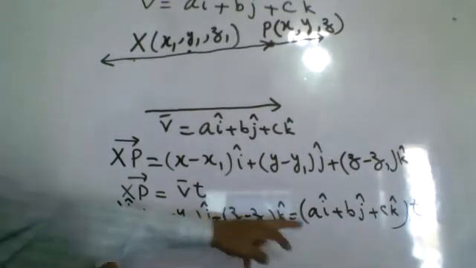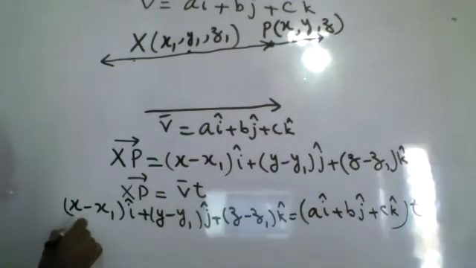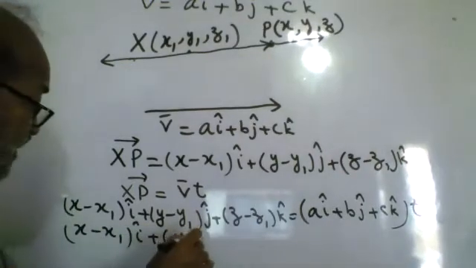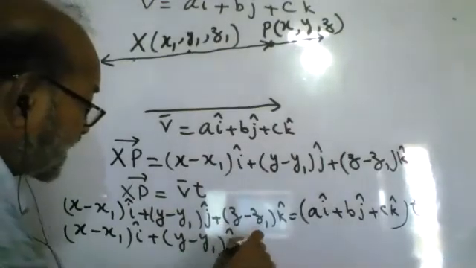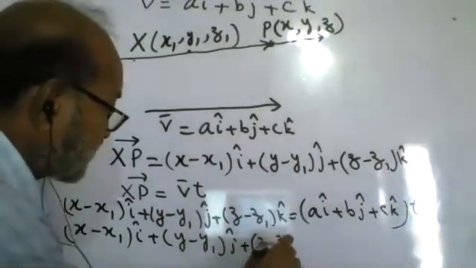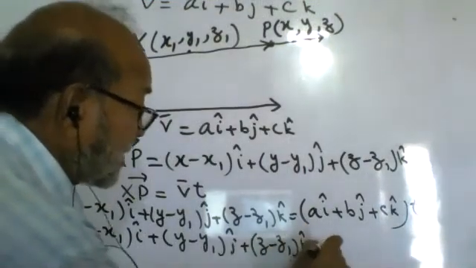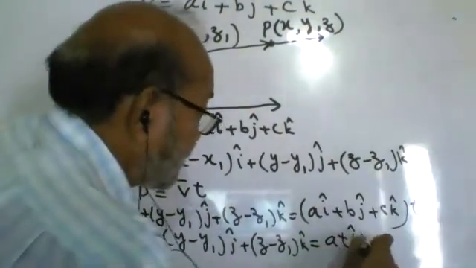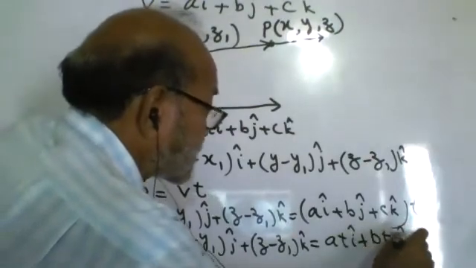Now two vectors are equal. If we open it, x minus x1 i plus y minus y1 j plus z minus z1 k is equal to ati plus btj plus ctk.